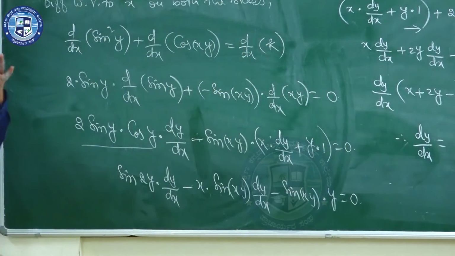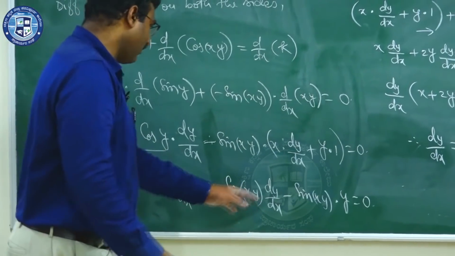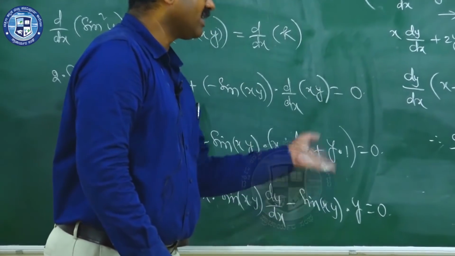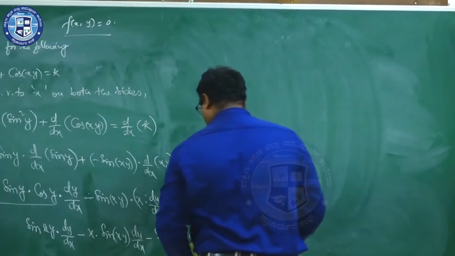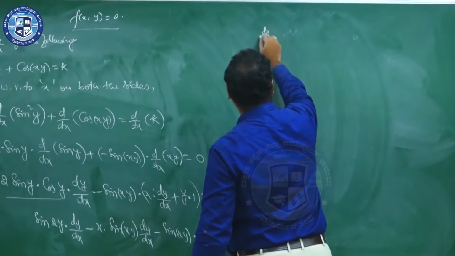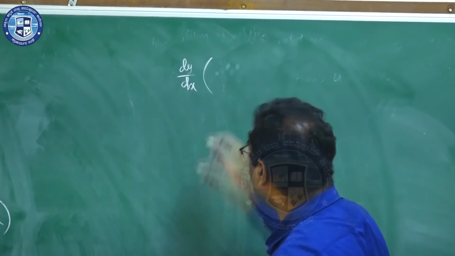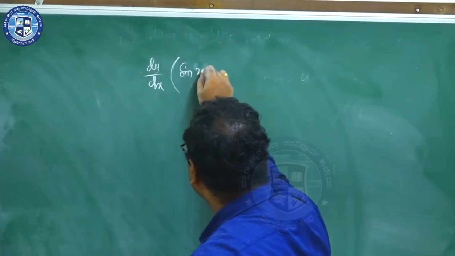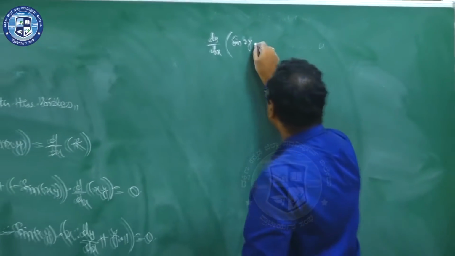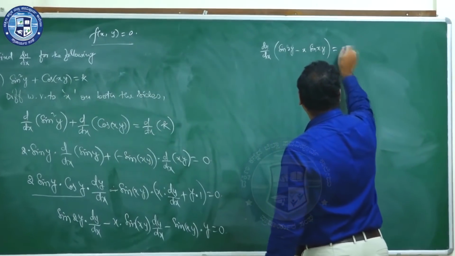Now we separate the dy by dx terms here. Separate them, dy by dx terms together and the terms without dy by dx take to the other side. So what we get when we take dy by dx common: in the first term sin 2y we get, and in the second term minus x sin xy we get.